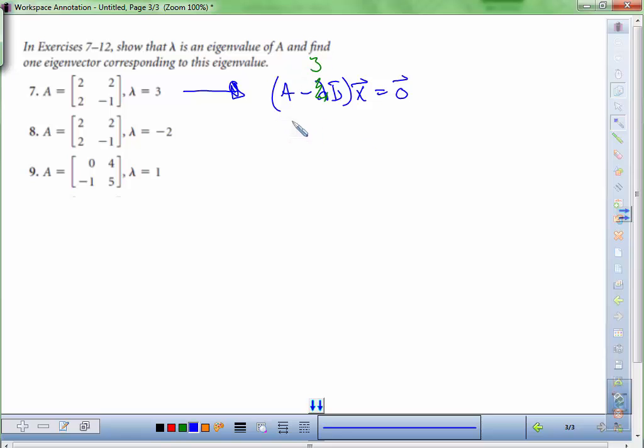So we have [2, 2; 2, -1] minus [3, 0; 0, 3], and this becomes [-1, 2; 2, -4].